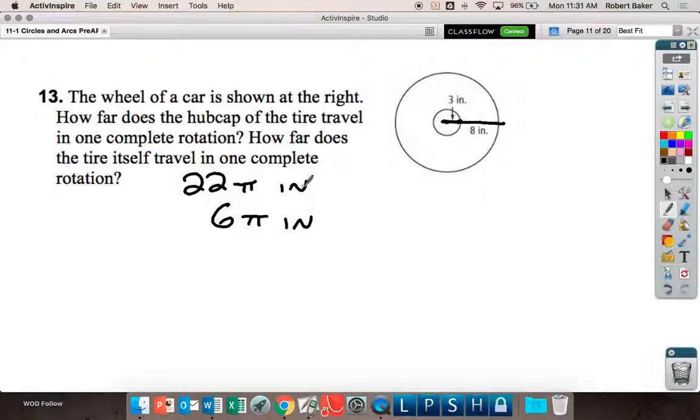You can't just find the width of the tire, it's the circumference of the tire. I was reading totally different. So what is the difference between the circumference of the wheel and the circumference of the hubcap? 16 pi. Yeah, 22 minus 6 is 16 pi inches.